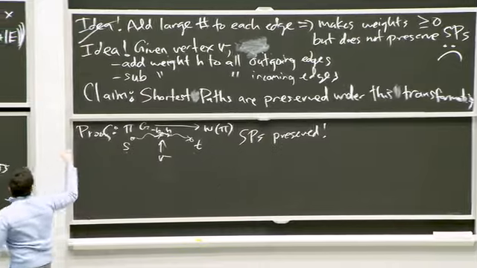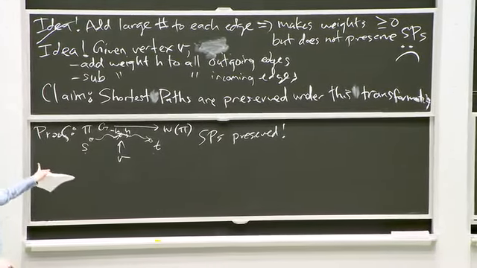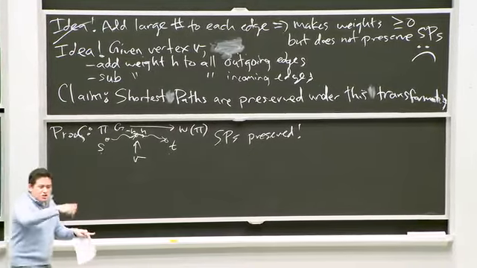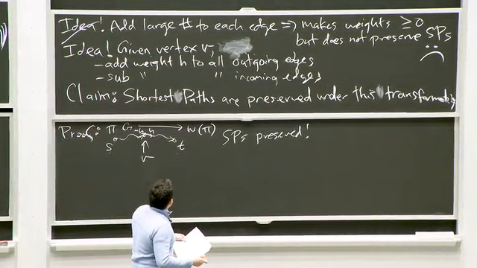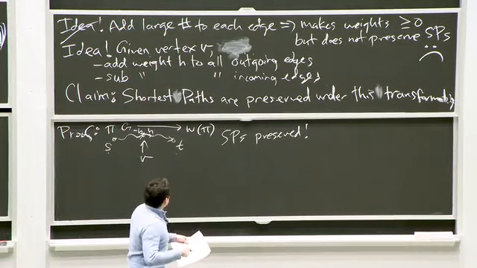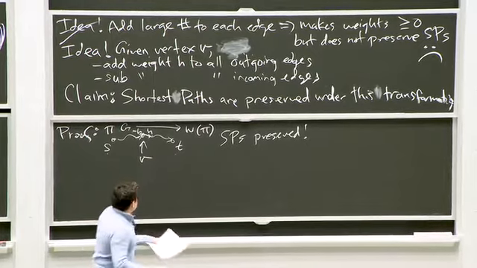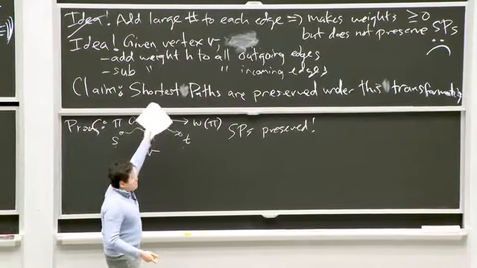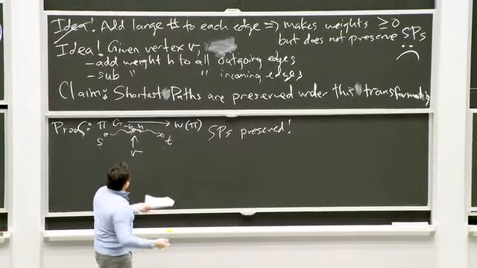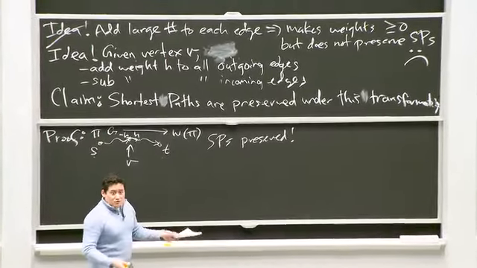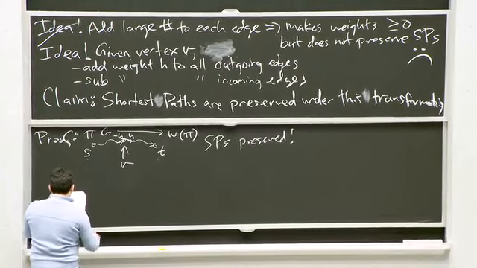I can assign for any vertex such a transformation which affects all of the edges surrounding it, right, by this H additive factor, either added or subtracted. And I can do this independently for every vertex, right? If shortest paths were preserved by me doing this to one vertex, then if I do it to another vertex, shortest paths are still preserved. And let's prove that real quick.